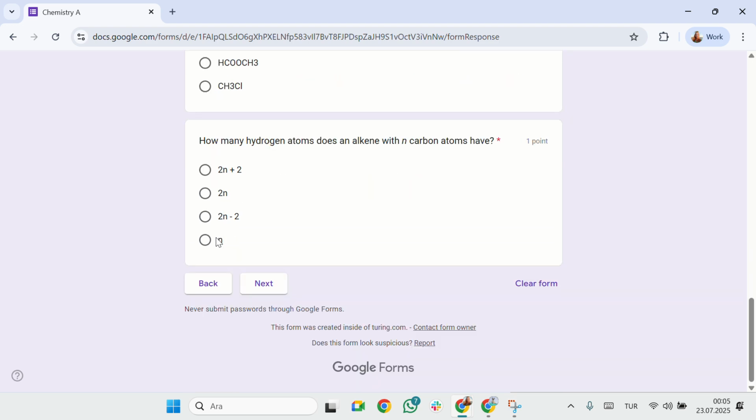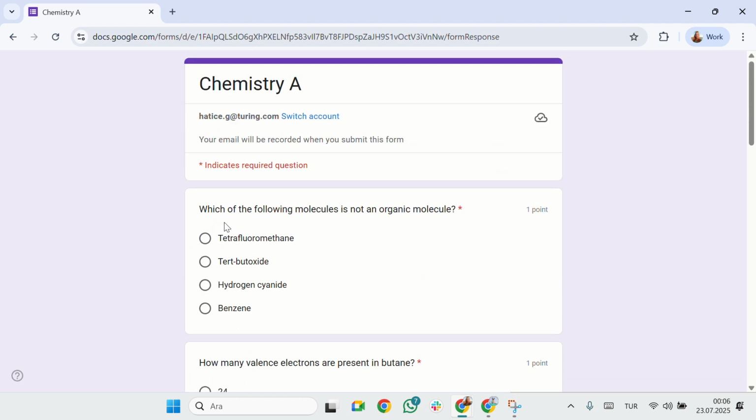Oh, I have a lot of questions. Which of the following molecules is not an organic molecule? So organic molecules should have carbon, hydrogen, and I think sometimes oxygen, fluorine, or something.